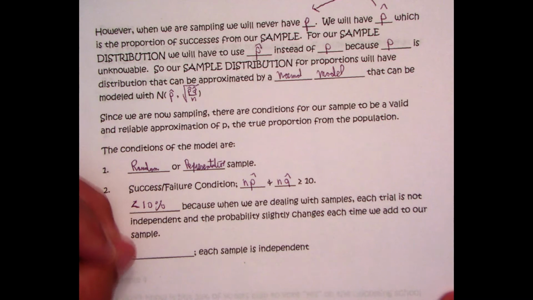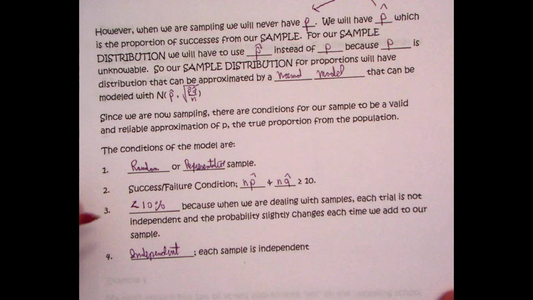And then the last thing is each sample must be independent. So if you're doing a systematic sample and you go down to a Stop and Shop and sample every 5th person coming out, and then you go to another Stop and Shop, what you did in one sample cannot affect what you do in another sample.